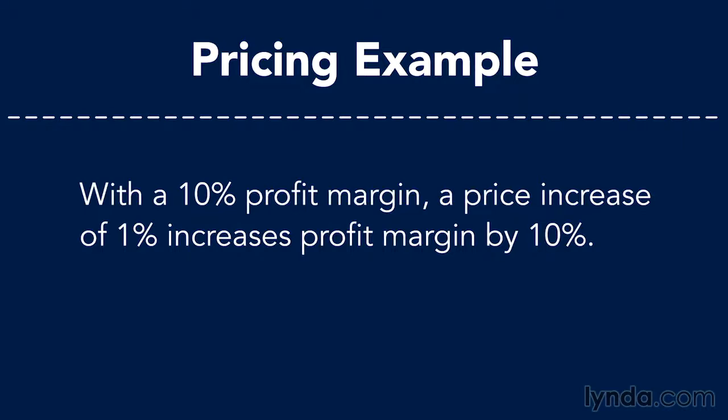If you raise prices by just 1% on the top line for revenue, you've increased your profitability by 10%. That 1% will go from your revenue line all the way to the bottom, and your pricing will drive margin from 10% to 11%. Pricing is huge. Do not underinvest in thinking about it.